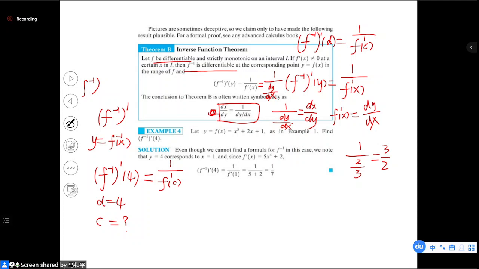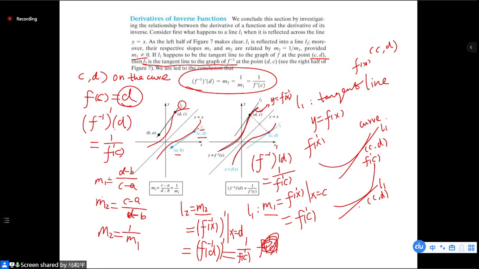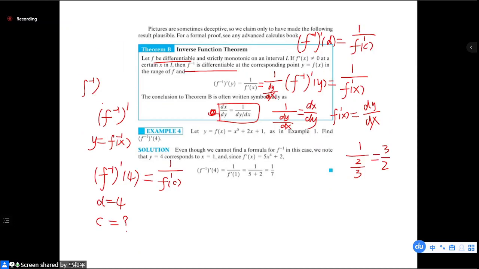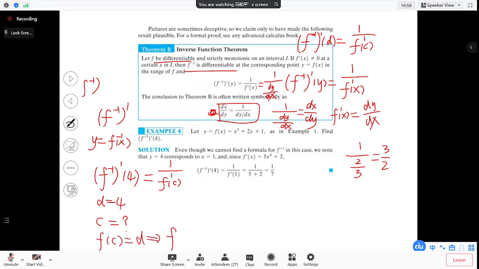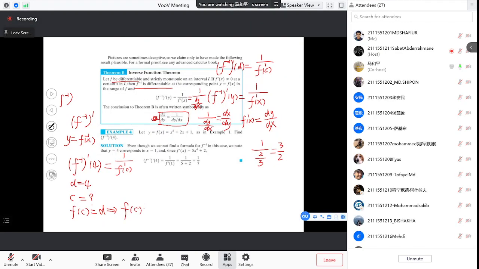So c is unknown, but we know the relationship between c and d. I just wrote it in the front. For c and d, we have f(c) is d. D is 4.